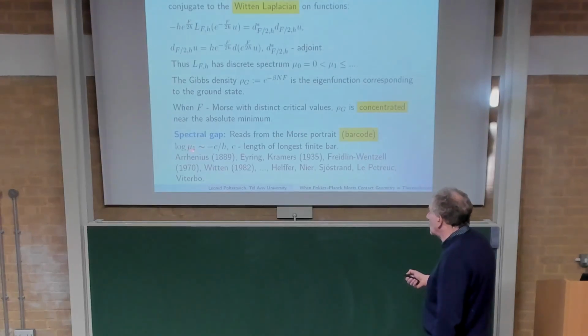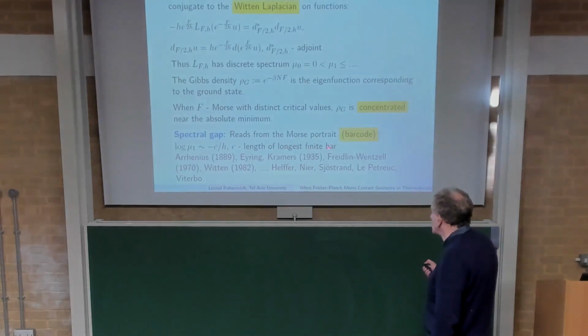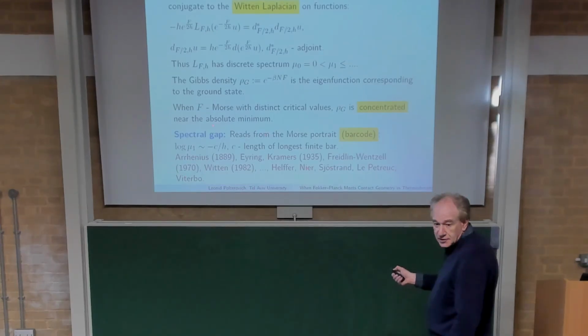The log of the first eigenvalue is minus c divided by h, where c is the length of the finest bar in the barcode of this function. This description goes back to Arrhenius, Eyring, Kramers, Freidlin, Wentzell, Witten, Helffer, Nier, Sjostrand, and recently Le Peutrec and Viterbo. I think these guys related it to modern Morse theory.